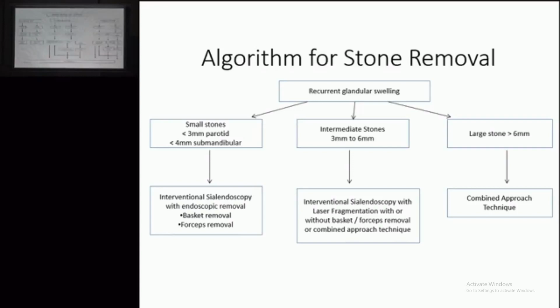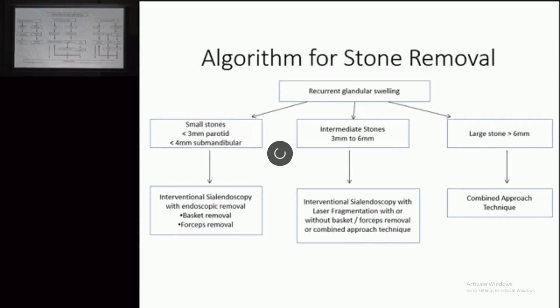Similarly, for parotid stones, a similar philosophy. So if it is mobile and of adequate size, then you can remove it with the endoscope, or breaking it in size with the lithotripsy and then removing that with or without a combined approach. If it is in the proximal part of the duct, then in a lot of these cases you may not be able to remove it only with the endoscopy. You will need additional measures to reduce the size, or you will need to combine it with an endoscopic and transcutaneous approach.